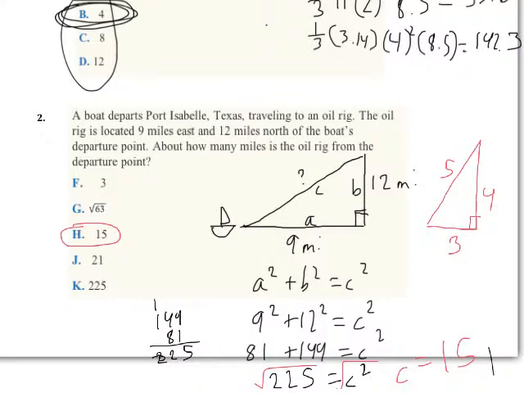Sorry again, this drawing wasn't to scale. You just notice that if I take the 3 and multiply by 3, I get 9. If I take 4 times 3, I get 12. And so similar triangles, 5 times 3 would give me 15. That would be the quickest way that I could get that answer.